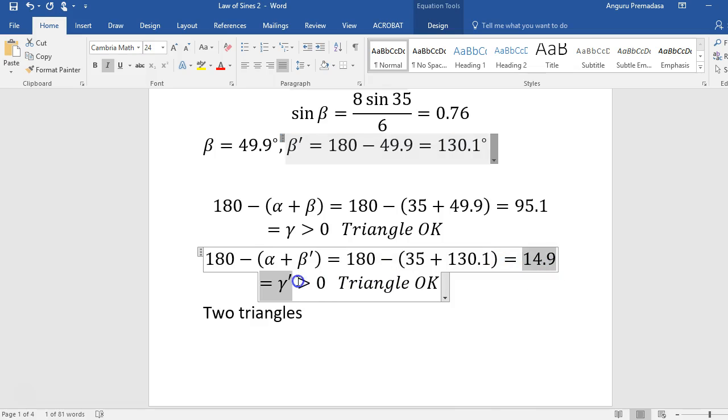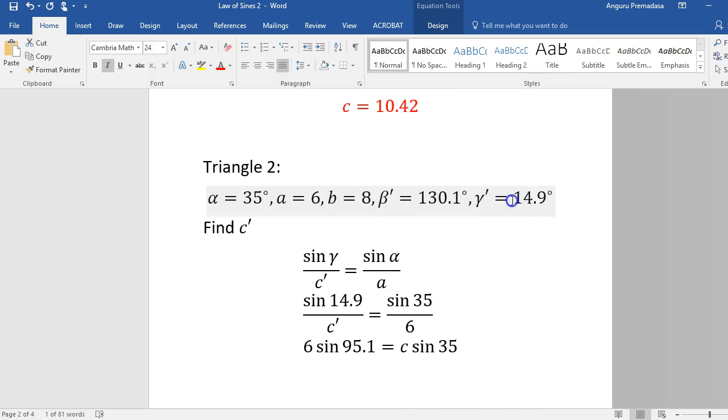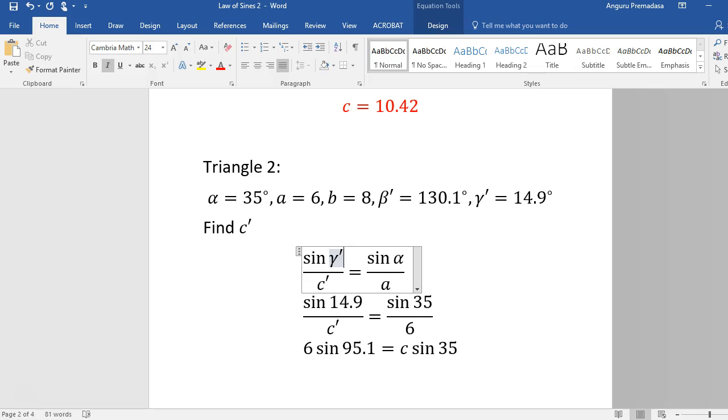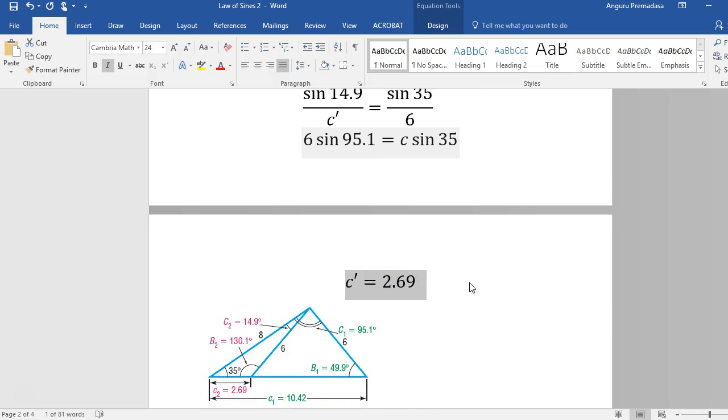We put 49.9 for gamma prime and do the same identical calculation, and we get C prime equals 2.69.